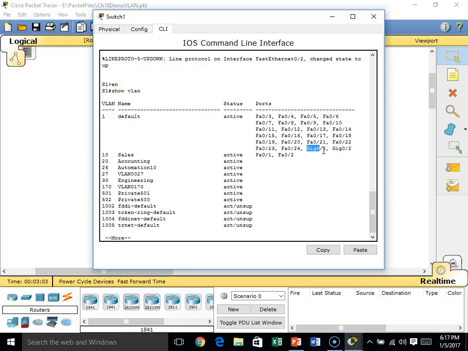And notice that gigabit 0/1 and 0/2 show up here. What that tells me, and is going to tell you, is they're not trunk ports. And remember, to transfer VLAN information from one to the other, we have to have trunks between the two switches. We'll look at that a little bit more.